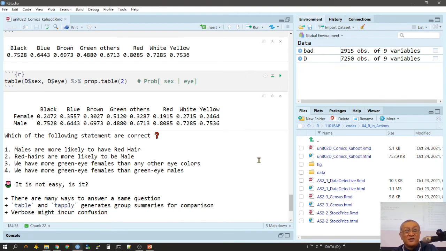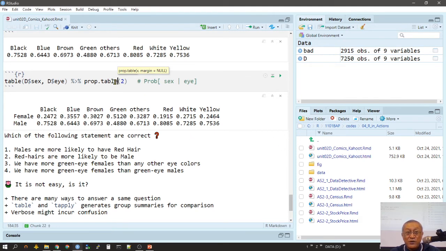So when I do proportional table 2, I'm doing proportion in this direction. When I use 2, I'm calculating the fraction of male and female in every eye color, right?